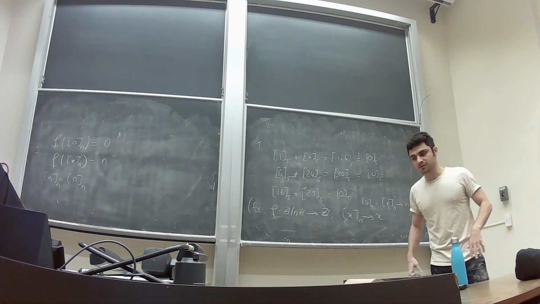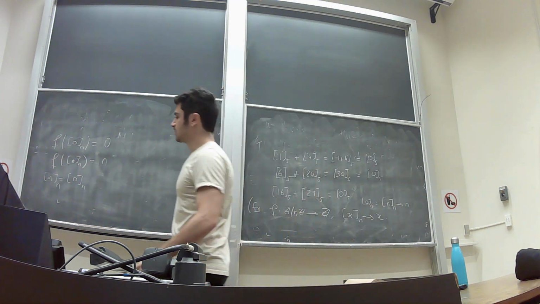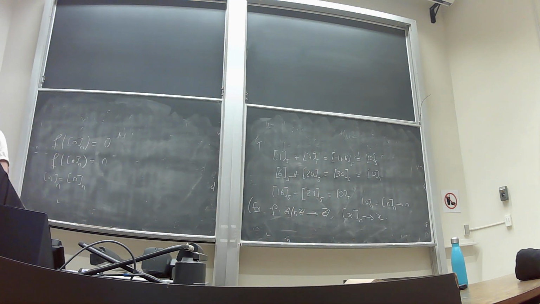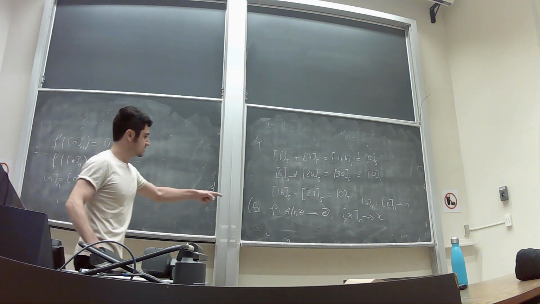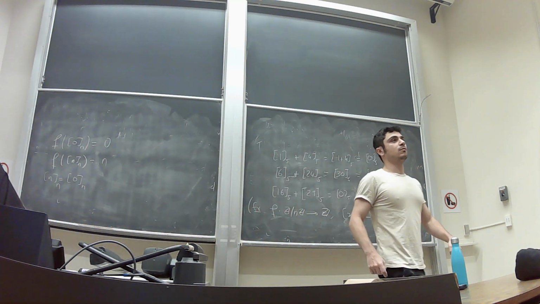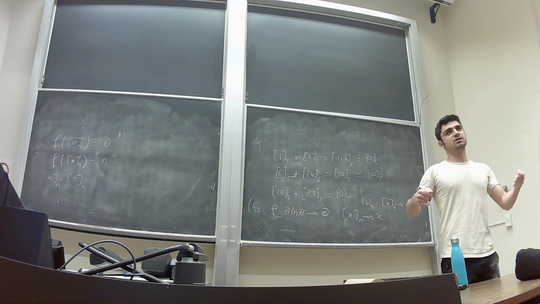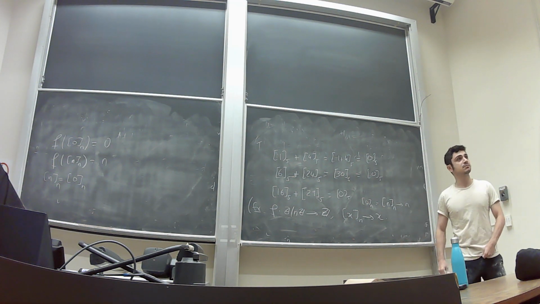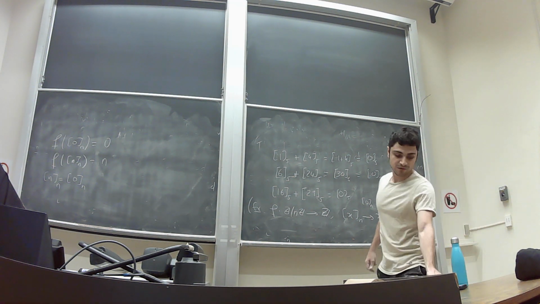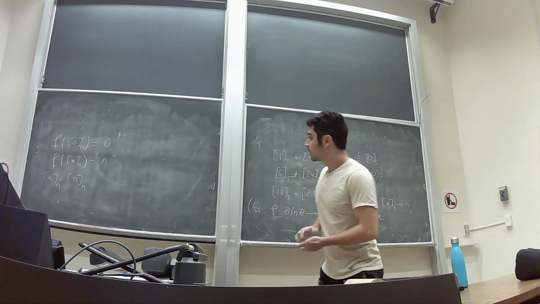This well-defined thing might not be very easy to digest. That's what I want you to see, that you cannot just define functions on Z mod nZ. You have to check that they're well-defined.